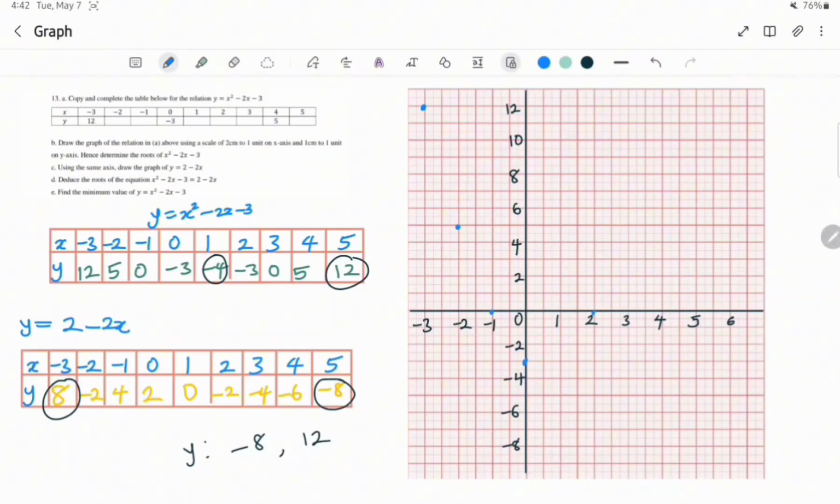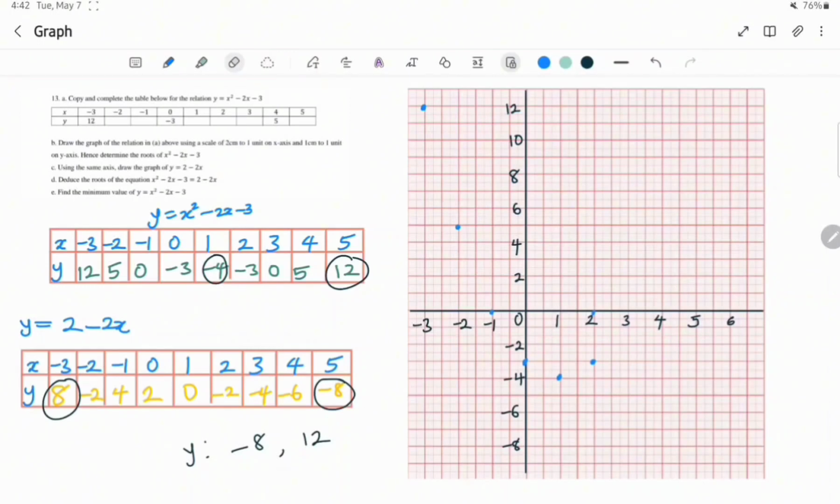This is where -4 is for y. So this is when x is 1, and this is where y is -4. So that's the point of intersection. When x is 2, y is -3. This is x at 2. Then y is -3.